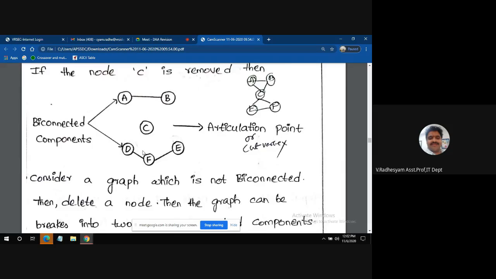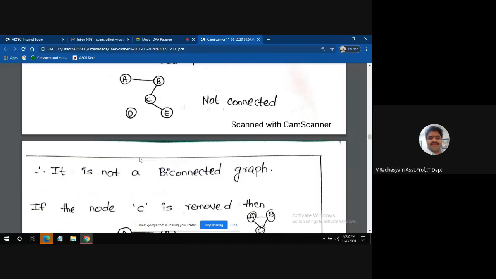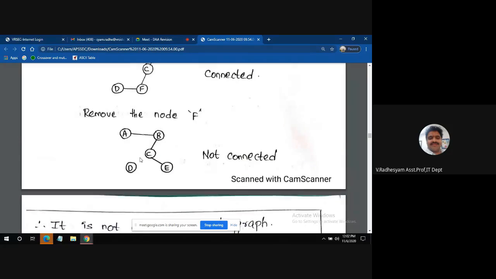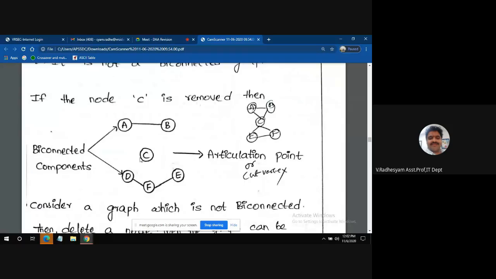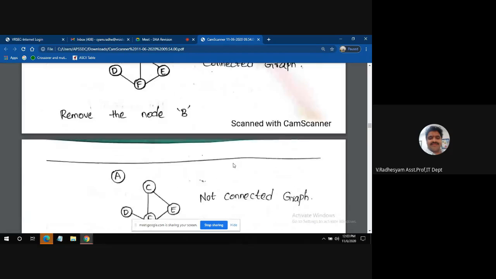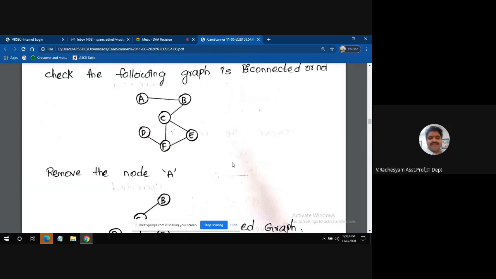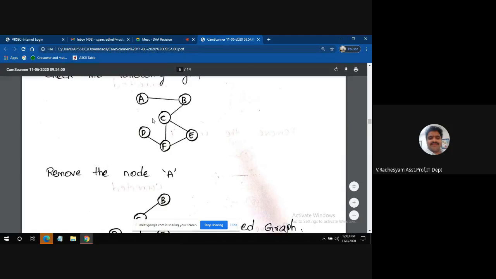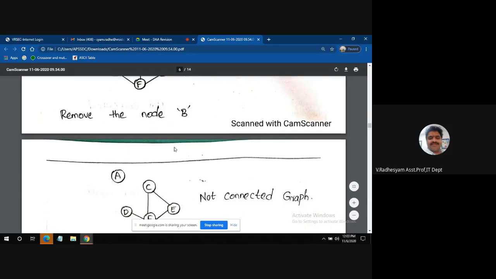Suppose you consider an example. This is not a bi-connected graph because, if you consider this example and remove B, what is happening?